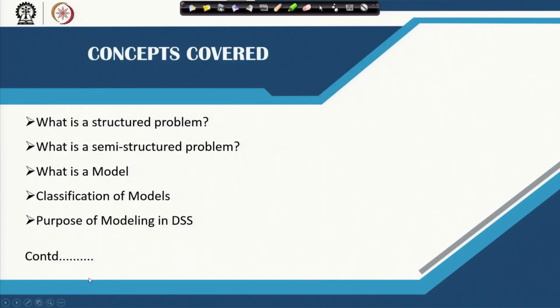So, let us first consider the concepts that are covered in this particular module, or this particular week.